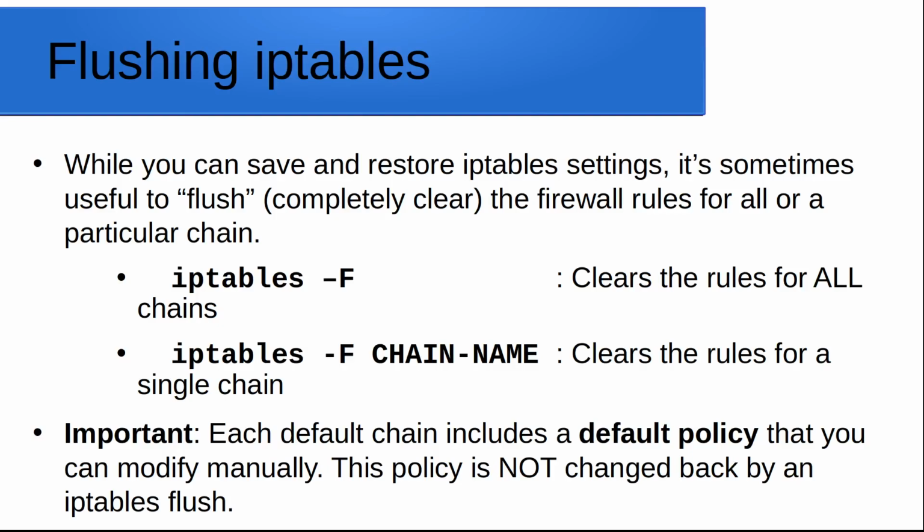You have to keep in mind, though, that every chain has a default policy, and you can modify that. When you flush the rules, that default policy is not changed back. So if you set the default policy to drop everything and then you flush the rules, no traffic's getting through in that direction, whether it's input, output, or forward. Depends on what chain you've applied that to, right?